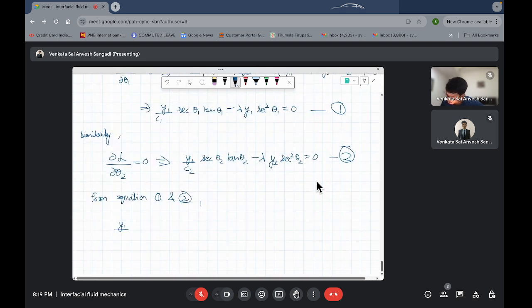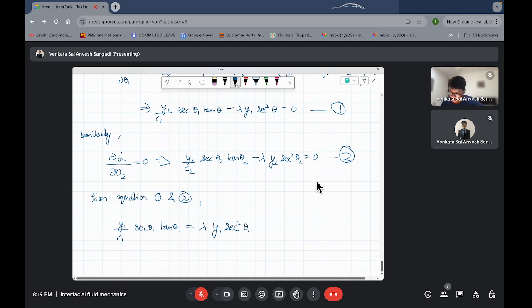y1 by c1 sec theta 1 tan theta 1 is equal to lambda y1 sec square theta 1.